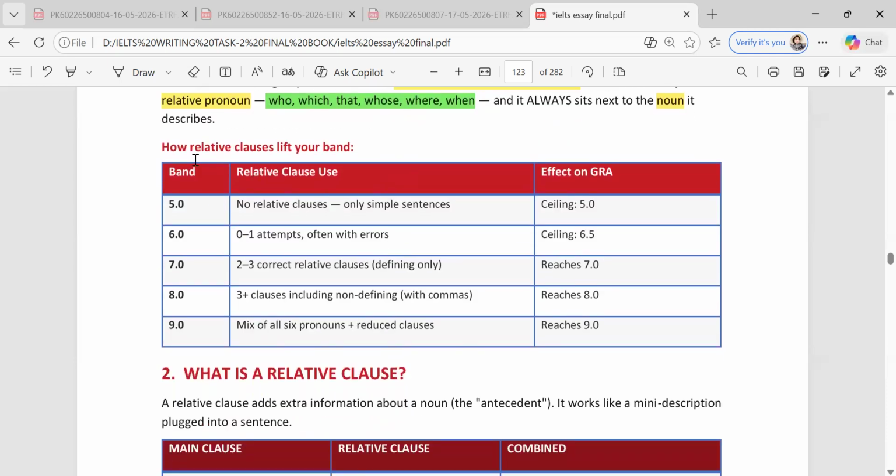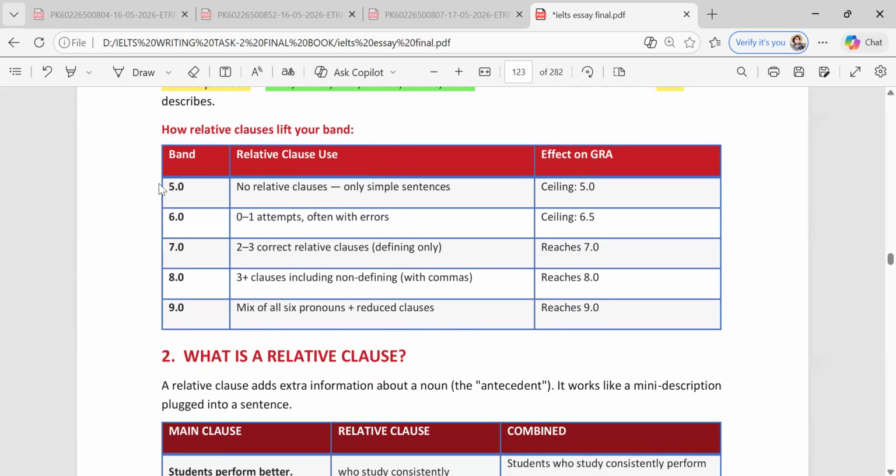Here is how relative clauses lift your band. For example, if any of the students doesn't use any relative clauses in a sentence, it means he will achieve not more than band 5 in GRA, grammatical range and accuracy. If someone attempts them but often with errors, he may score 6. If a student knows how to use 2 to 3 correct relative clauses, defining only, he can score 7.